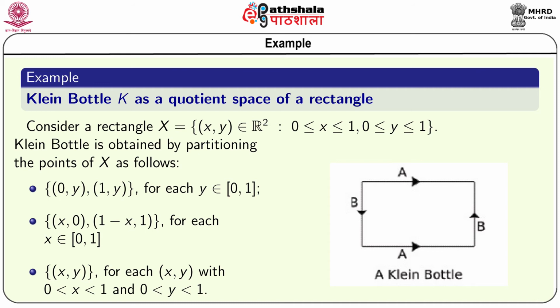Here the points 0 y and 1 y are identified for each y belonging to the closed interval 0 1, and the point x0 is identified with 1 minus x 1 for each x belonging to the closed interval 0 1, and the rest of the points are kept as they are. This is how we get the Klein bottle as a quotient space of a rectangle.